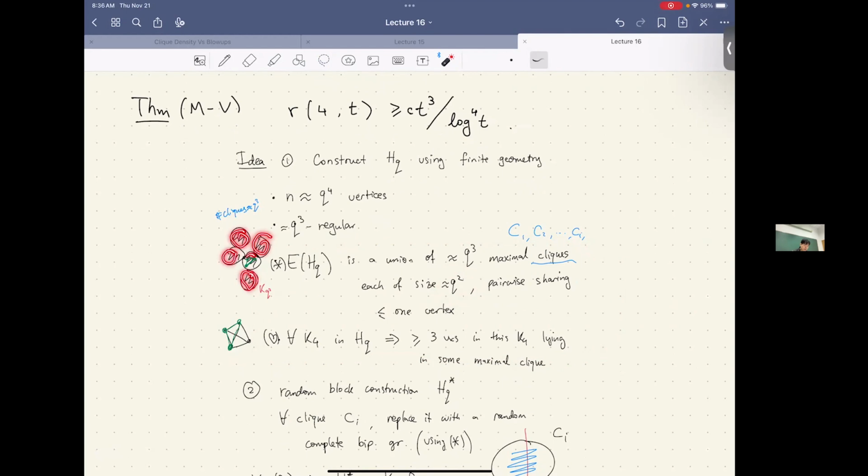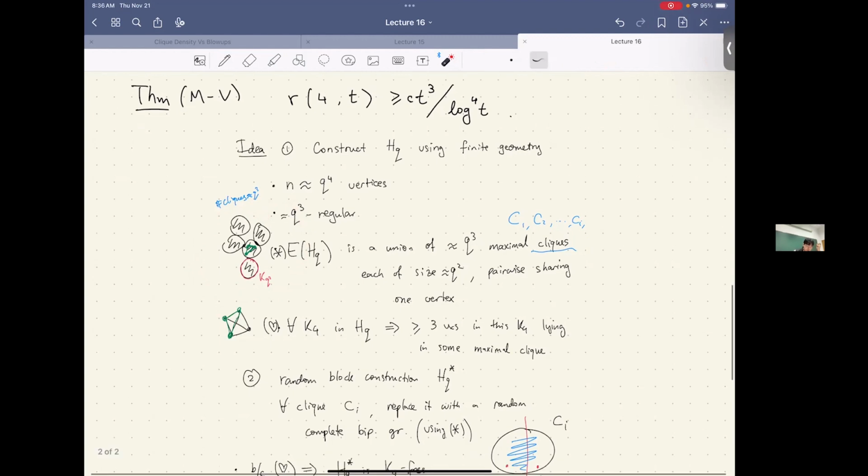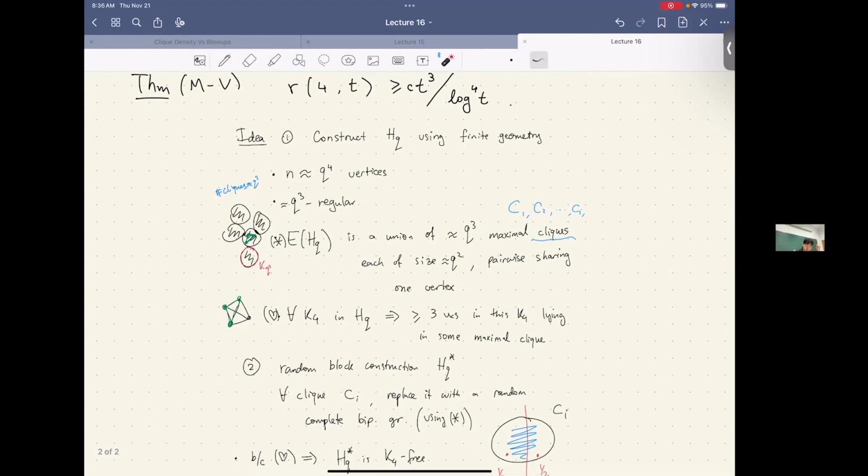There are Q cubed of them, pairwise sharing exactly one vertex. Now, the second property, this is already highly structured because the edge sets are clustered into these small cliques. The second property is that every K4 in this graph HQ must always contain 3 vertices lying in one of these cliques. Okay?